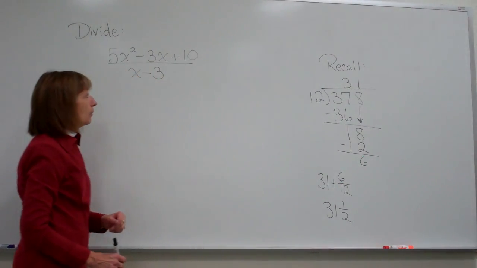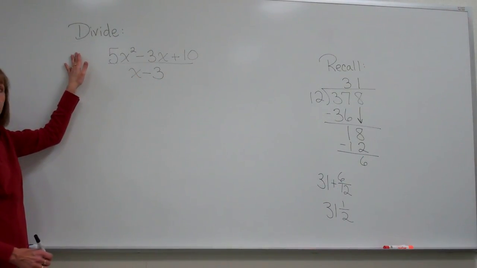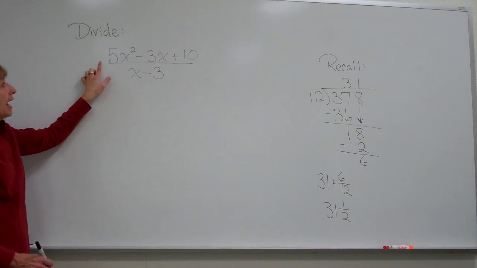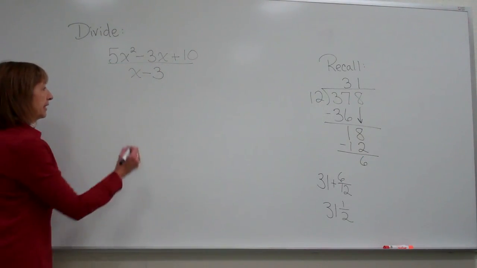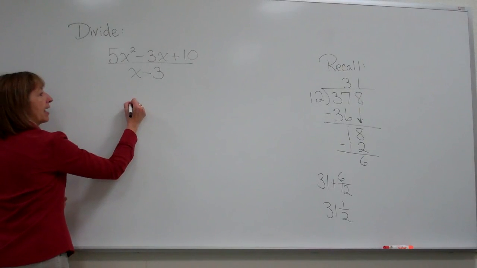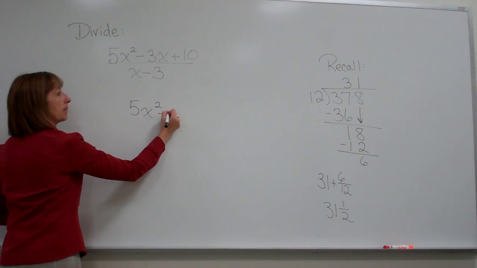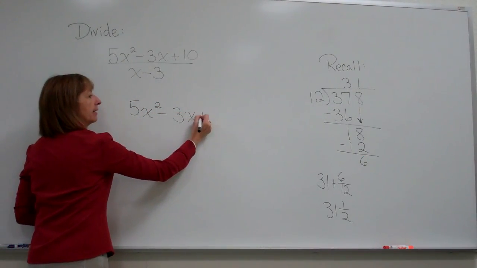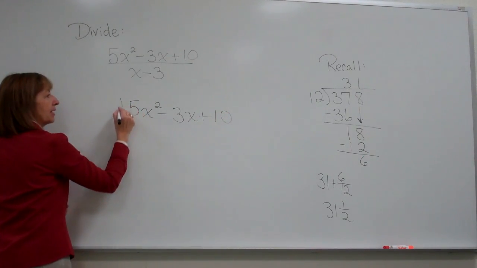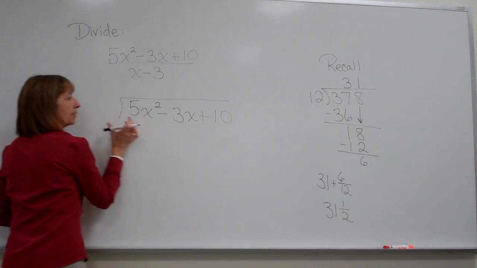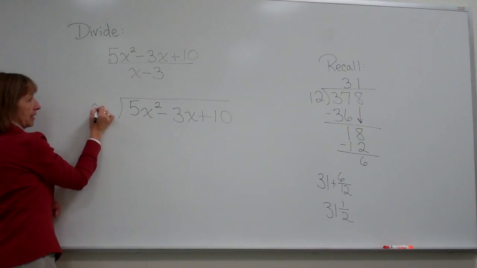Now, when we look at how we can carry that out with our division and our polynomials, my numerator is the dividend, so I'll write my 5x squared minus 3x plus 10, and my denominator is my divisor, so I'm dividing that by x minus 3.